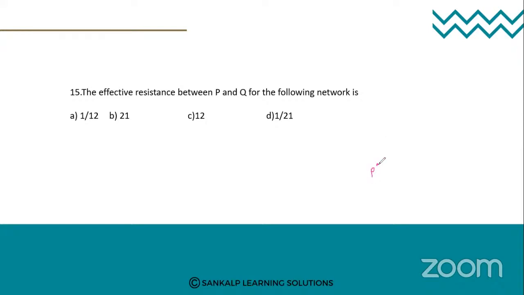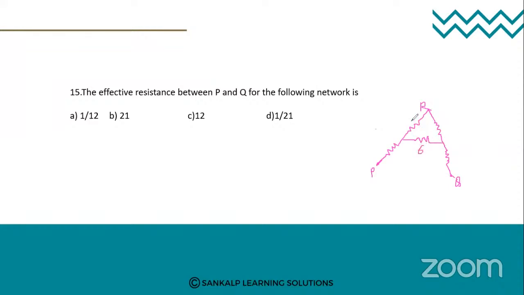So here we have the P and here we have Q, and here we have one more resistor.